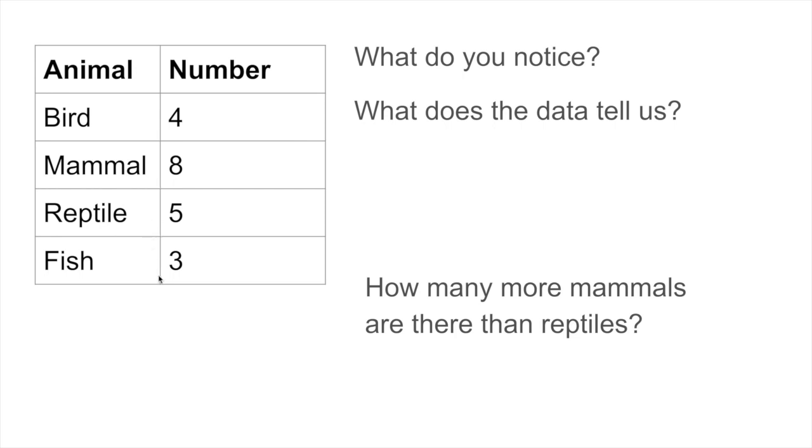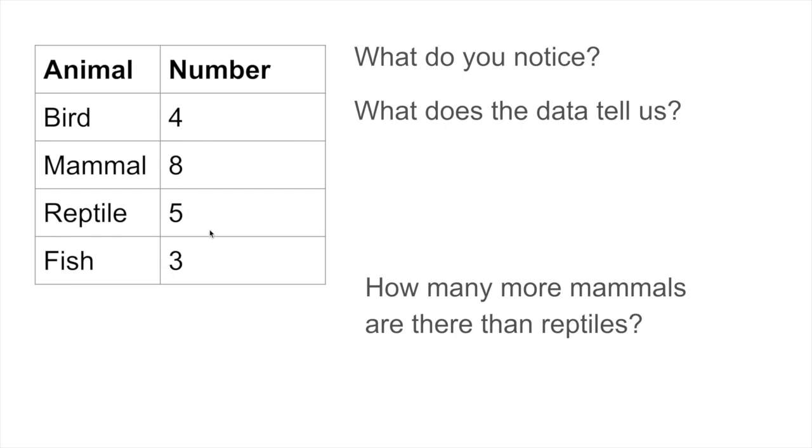Which type of animal has the most? Mammal. Mammal has 8. Which type of animal has the least? Fish. Fish have 3. Let's see. How many more mammals are there than reptiles?